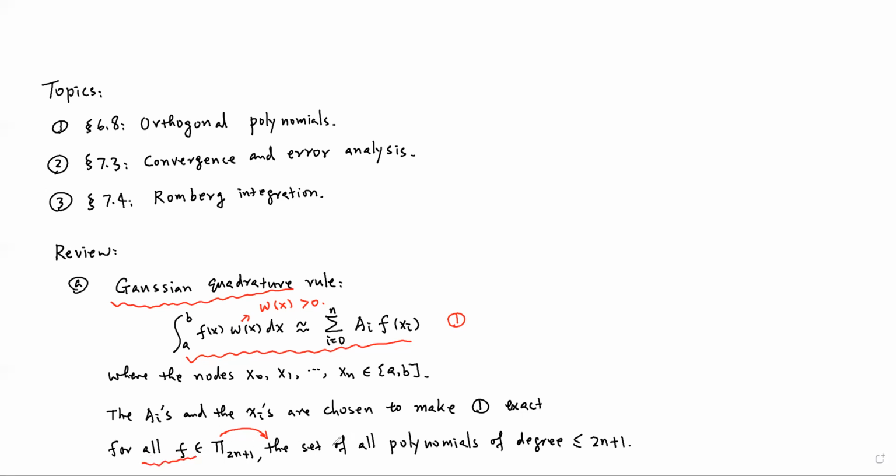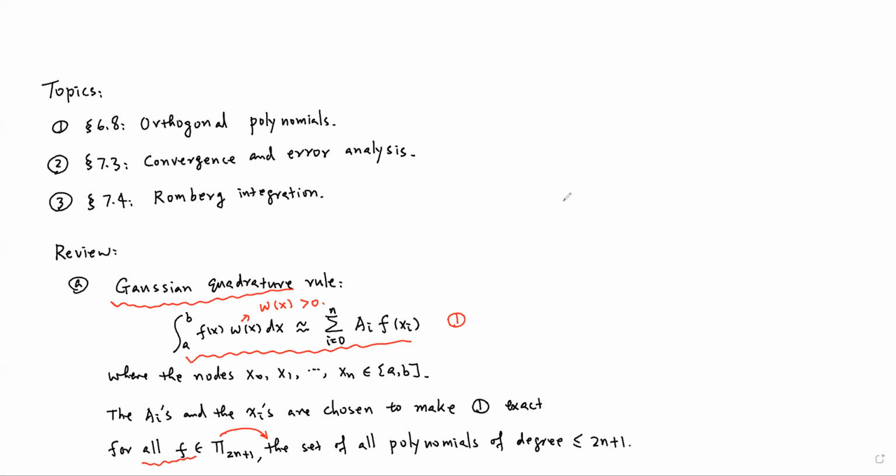This set means the set of all polynomials of degree not greater than 2n plus 1. We want this approximation to become exact for all polynomials of degree not greater than 2n plus 1. How to determine A and X?